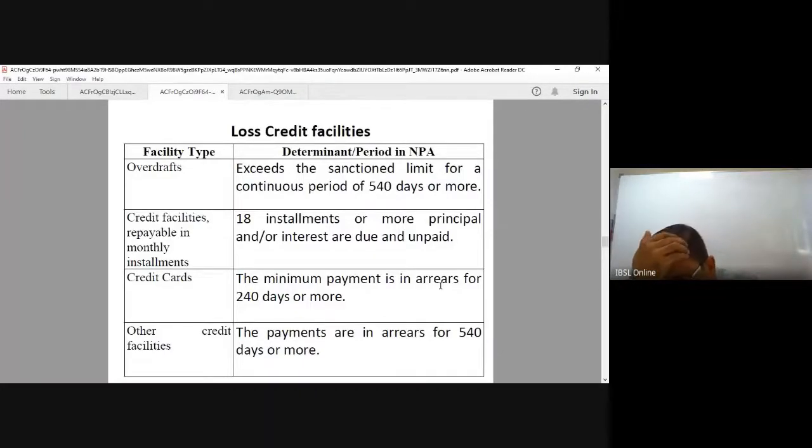Like what I told you for credit cards, after 90 days you can make it a special mention account until 120 days. But many banks, after 90 days itself, will make a full provision, expecting that this loan will not be paid. Like that, with many facilities, the prudential practices can be more stringent than what is mentioned by the central bank. But you can't go below that. You can have a more stringent practice.